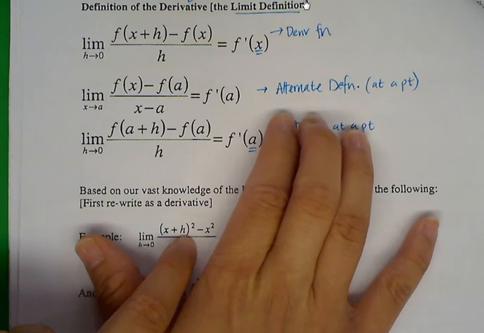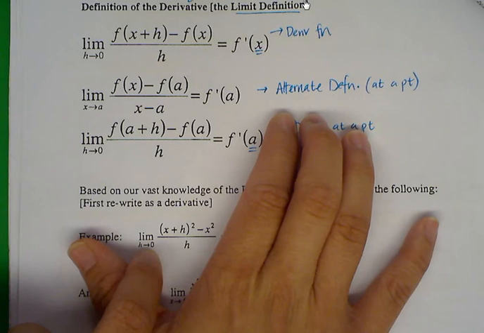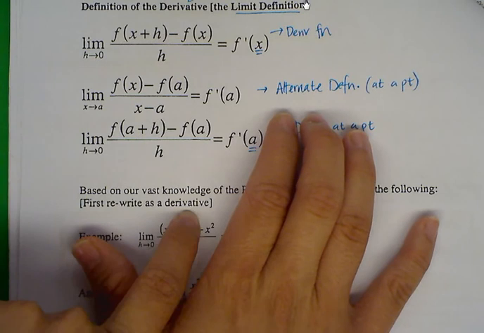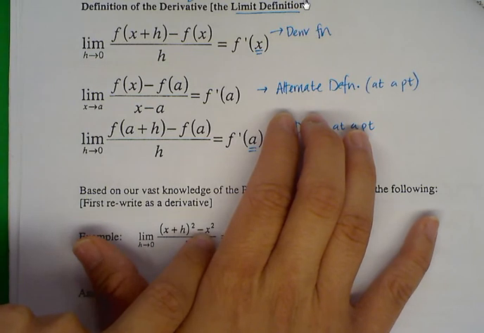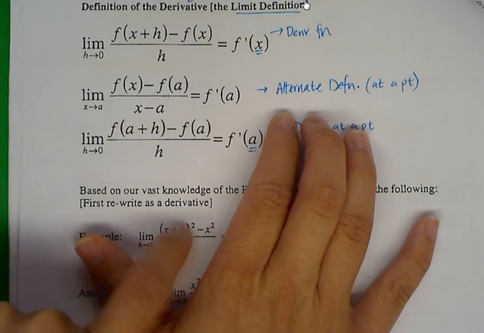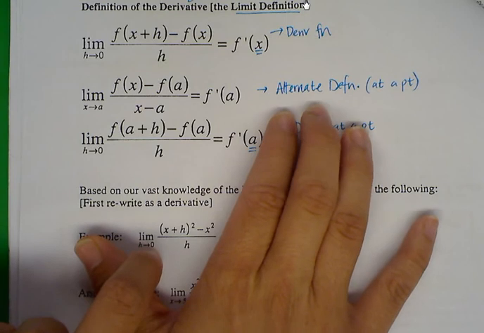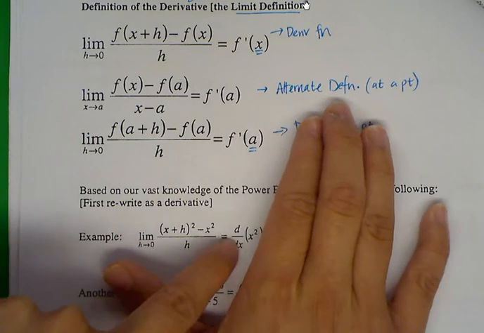Would you still recognize it if it wasn't h, if it was m, and this was the limit as m goes to 0? It's not the h in itself. It's the format. It's the x plus something, then you're subtracting, and this is just some x, over that something, and that something is going to 0. So that should help you realize, hey, that's the derivative of some function.